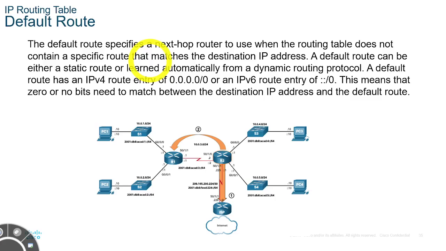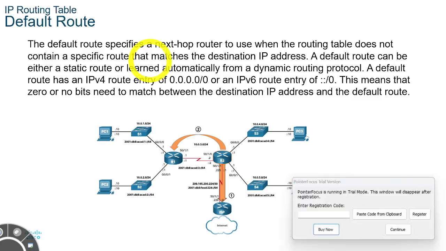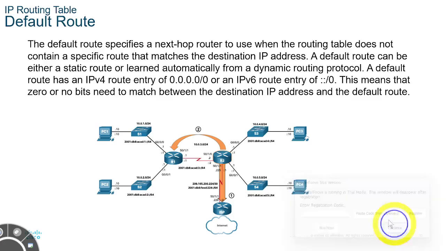So if the routing table of the router doesn't find any match with the destination IP address, and this packet is not destined to the router or to the local network at this router, the router should use the default gateway, the default route, which is 0.0.0.0/0. Remember, whenever you see this one, it means the default route.